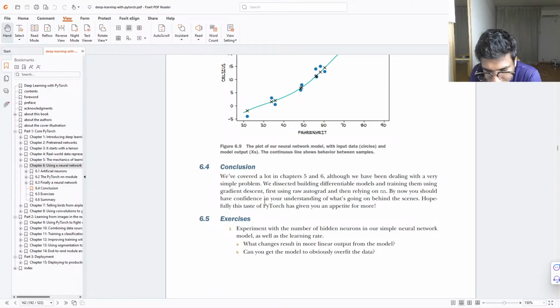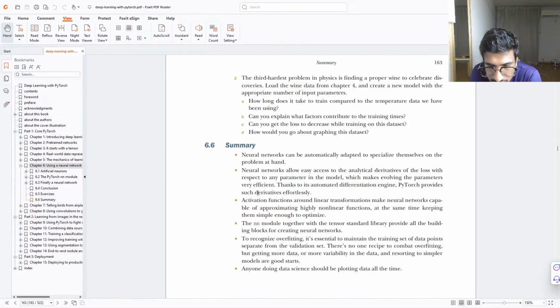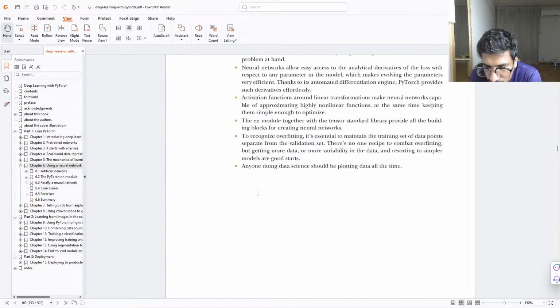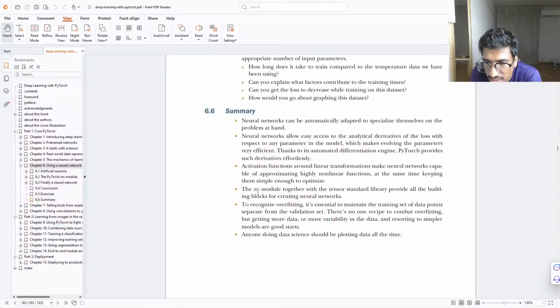PyTorch has given you an appetite for more. No exercise. Summary. Neural networks can be automatically adapted to specialize themselves on the problem at hand. Neural networks allow easy access to the analytical derivatives of the loss with respect to any parameter in the model, which makes evolving the parameters very efficient.